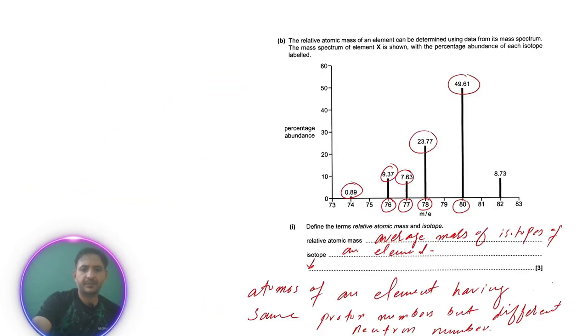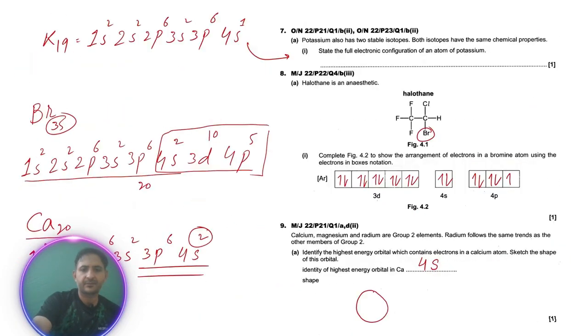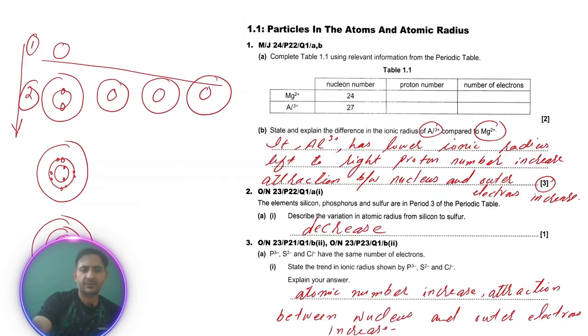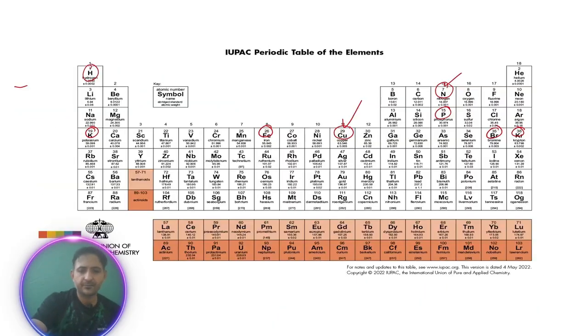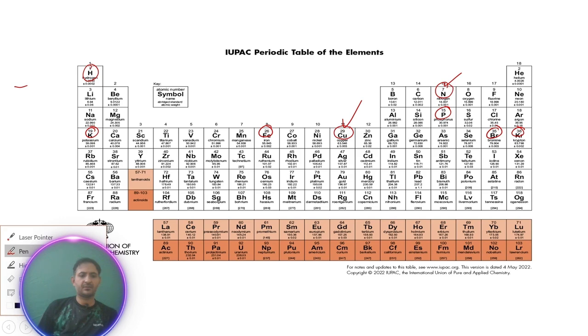In an aluminum atom, the nucleus attraction for the outer electron is stronger than in an atom of sodium. If you see sodium and aluminum in the periodic table, here we have sodium and here we have aluminum, left to right in period number 3.